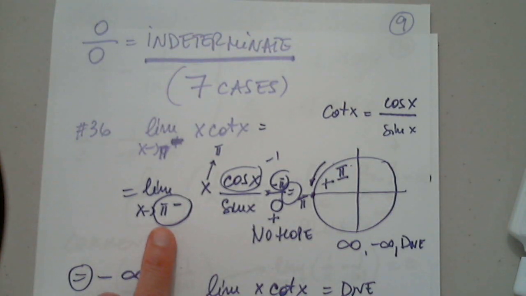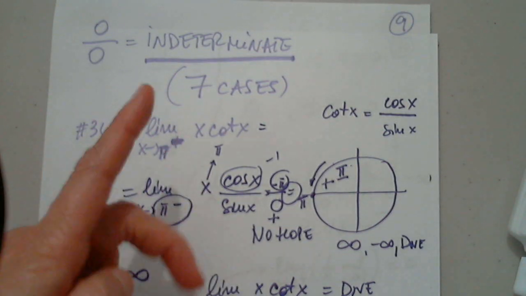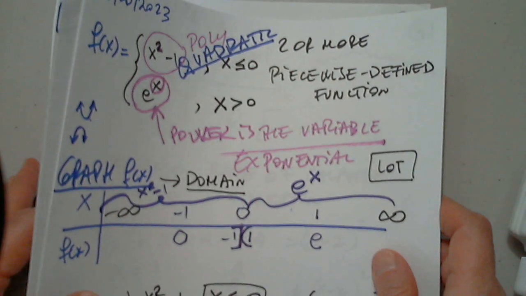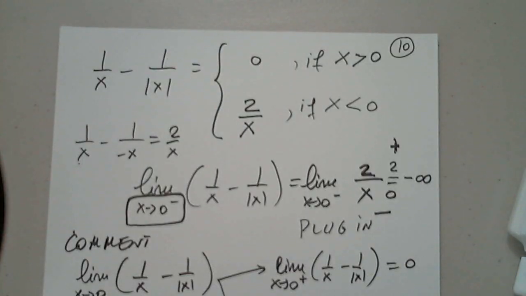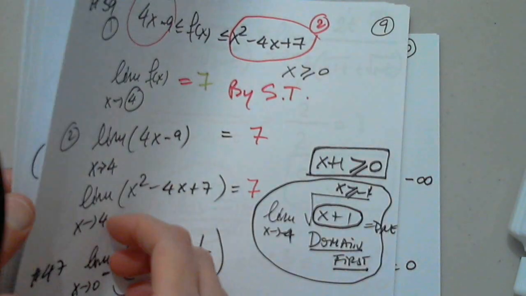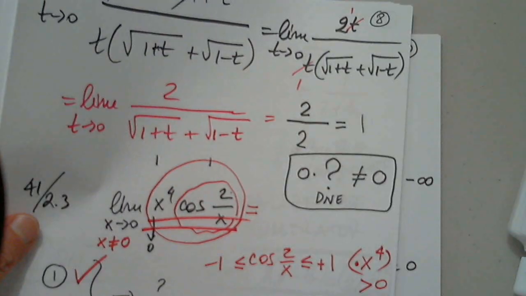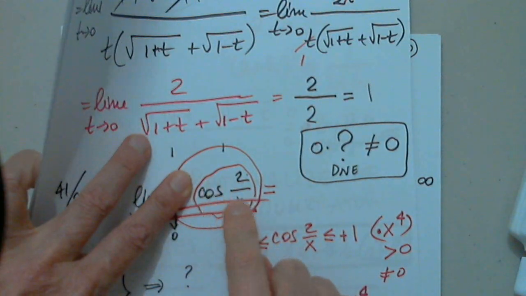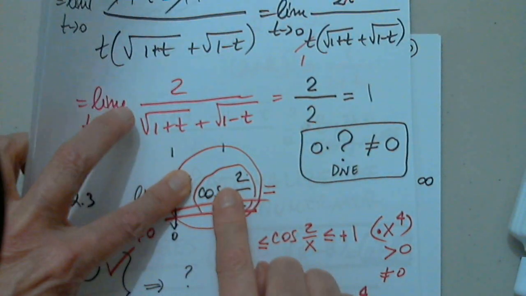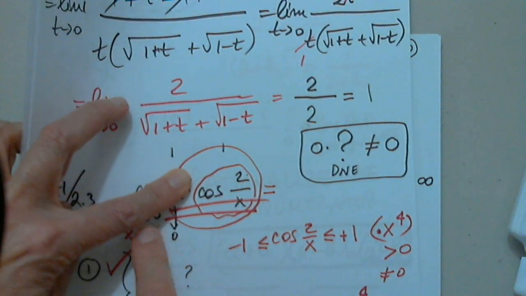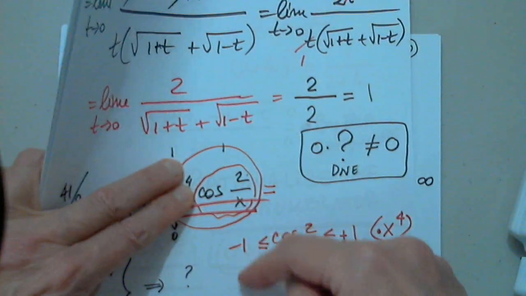And when would it be DNE? Rarely for one-sided, unless it's oscillating. So for example, very good question. This will be DNE, from either side or from both sides, because this is an oscillating limit.